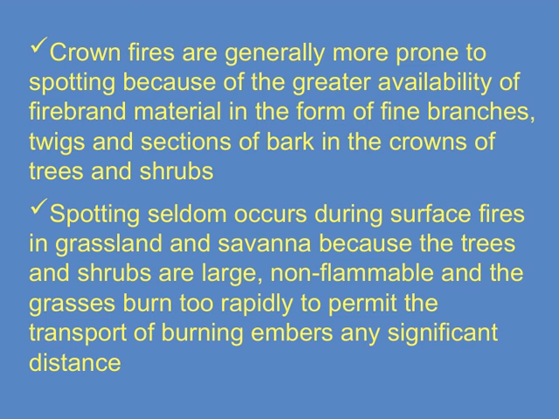So, the overall takeaway is that crown fires are more aggressive and harder to control because of their tendency to produce embers that can jump ahead, while surface fires in grasslands tend to stay more contained due to the nature of the fuels involved. This concept ties into our broader discussion on fire behavior and how different vegetation types influence fire spread.